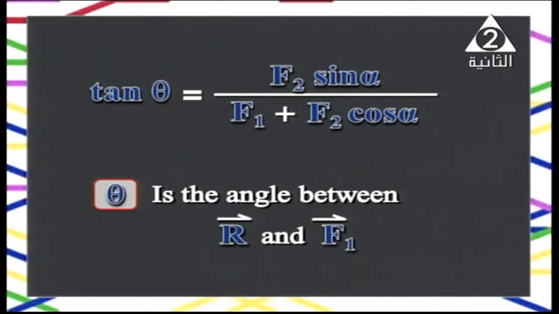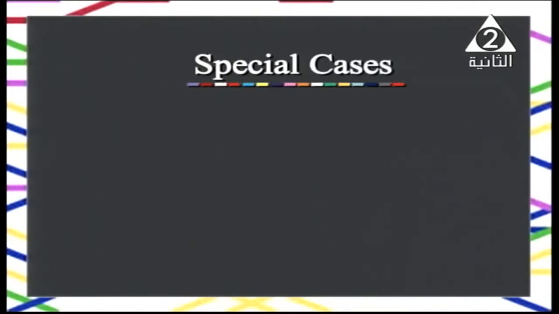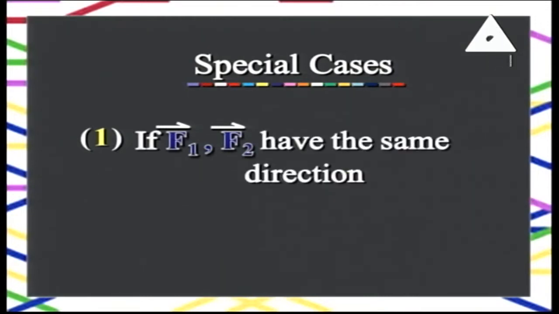My dear student, look at the special cases. The first special case: if we have two forces with the same direction, then we deduce alpha equals 0. Why?